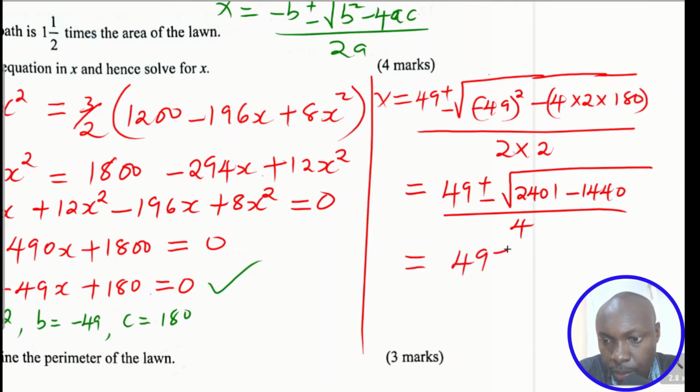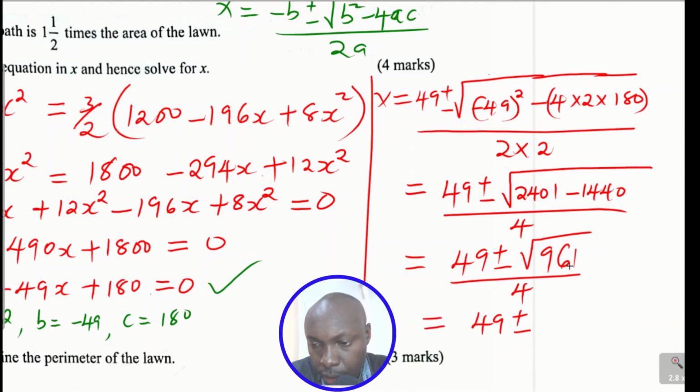So 49 plus or minus, when you subtract these, 2401 subtract 1440, you get 961. You get 961 divided by 4. So these will give 49 plus or minus the square root of 961, which is 31, divided by 4.